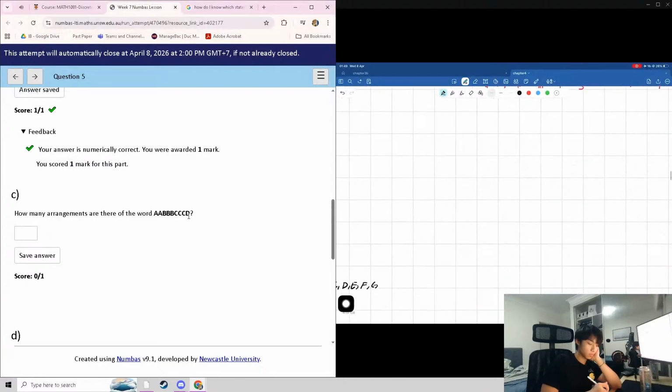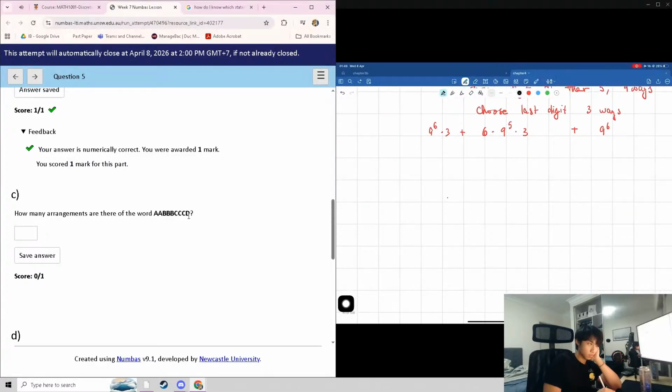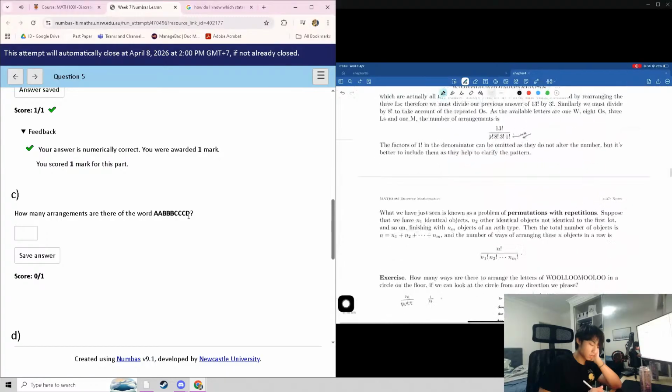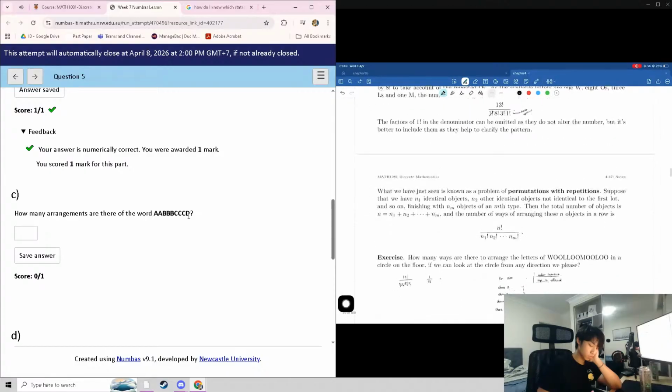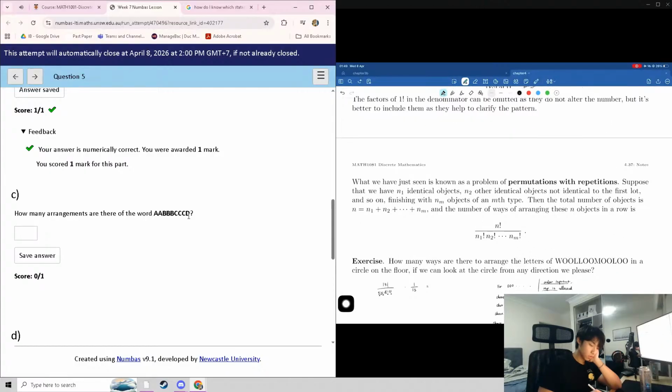Right, so order matters for Wallamalu. Permutations with repetition: this is 9 factorial divided by 2 factorial, divided by 3 factorial, divided by 3 factorial. So it's not too much.